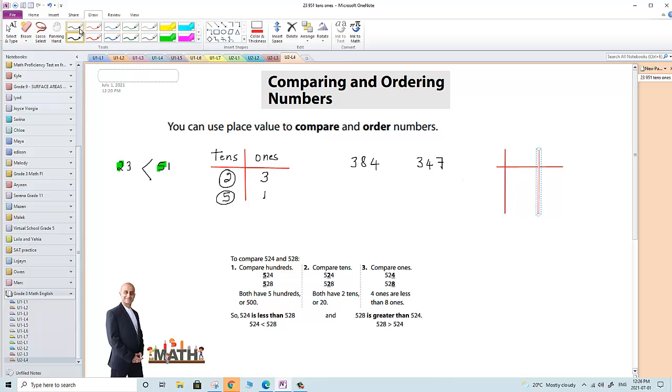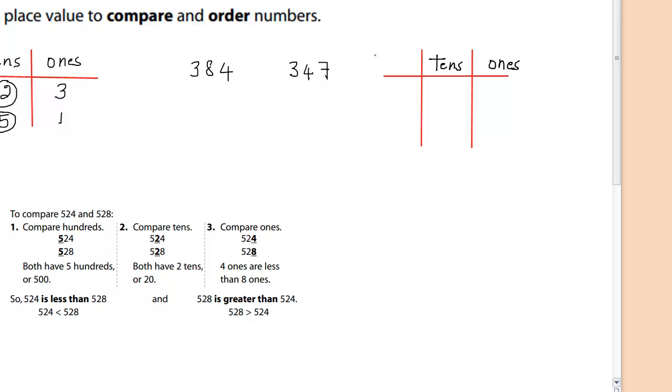I'm going to make this one a little bit larger. I have to compare between the 1s, the 10s, and the 100s. So the first number, 384, is 4 1s, 8 10s, and 300. The second one, 347, is 7 1s, 4 10s, and 300.